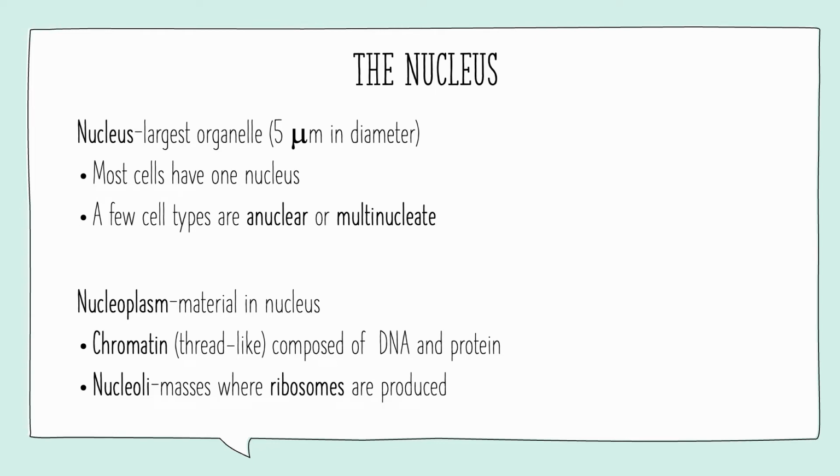So here's something that you'll need to know: ribosomes are produced in the nucleoplasm material in the nucleus, but it's the nucleoli, the masses, where ribosomes are produced. So memorize this, it goes to the next things, okay?